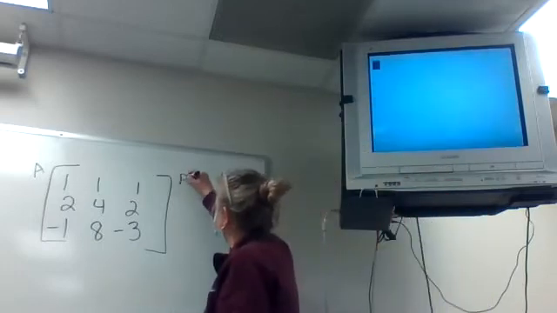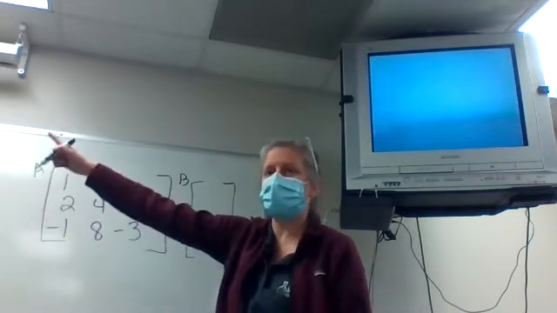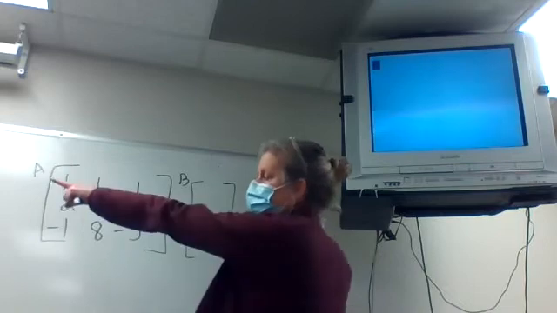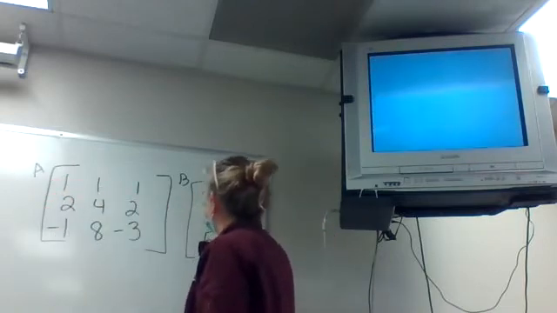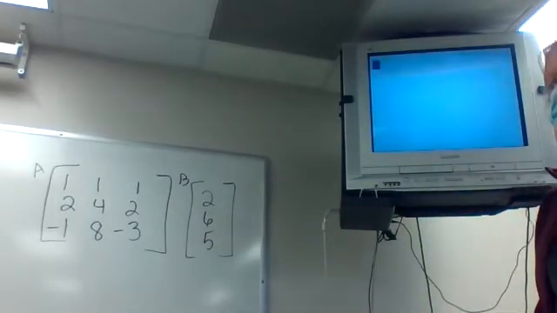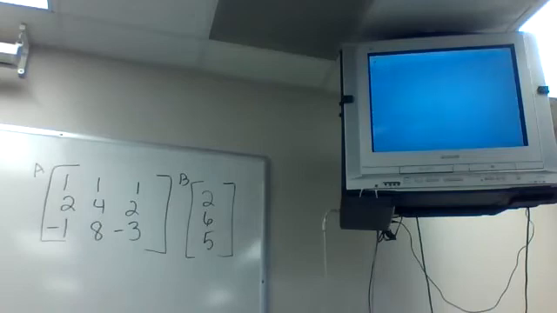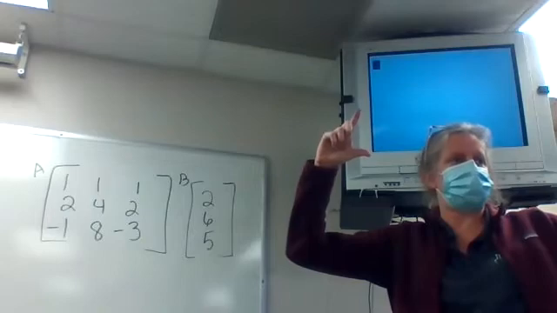Then you're going to make matrix B, which is the answer side. So what are those? 2, 6, and 5. Now, let's talk about what the order of a matrix is. Because when we get to the matrix function, that's the first thing it's going to ask you is, how big do I need to make your matrix?